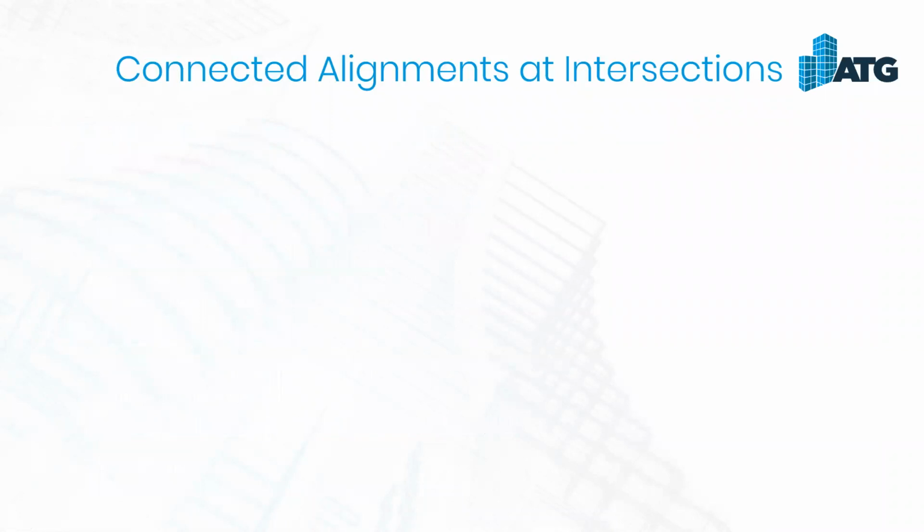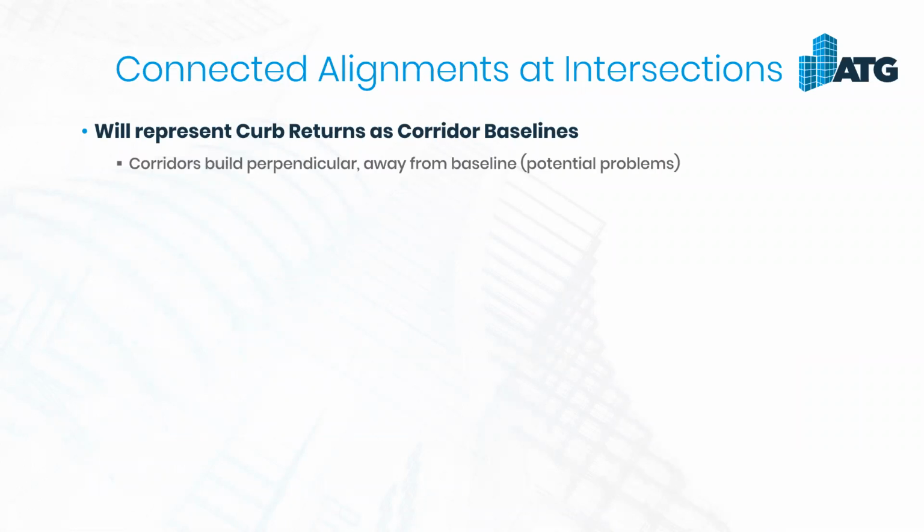So let's go over a couple of tips before we get into the software with using our connected alignments at intersections. These are going to represent curb returns as corridor baselines for this workflow. And one of the reasons why, if you were at my last webinar a week or two ago where we talked about link to mark point functionality, we did go over the fact that corridors build at one particular station at least perpendicular to and away from our baseline.